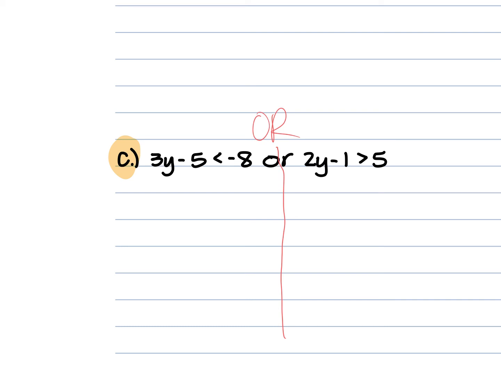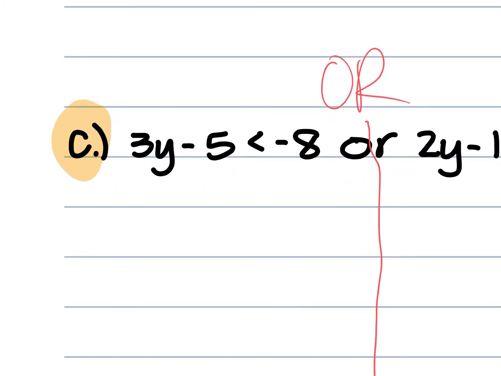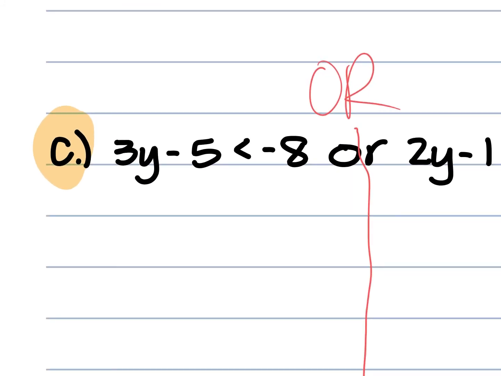Are we Gucci? Okay. How would you solve the inequality on the left? Gabriel? Add 5. Excellent. Who's good with negatives? What's negative 8 plus 5? McCarvin? Excellent. So we have negative 3 over here on the right and 3y on the left.